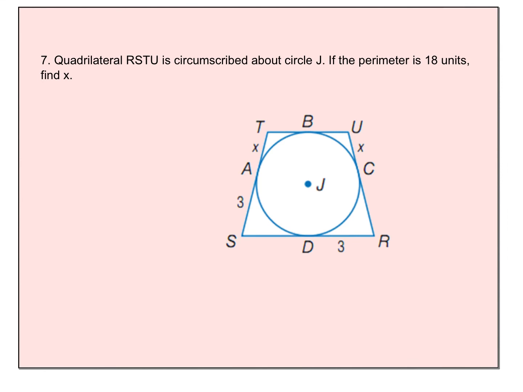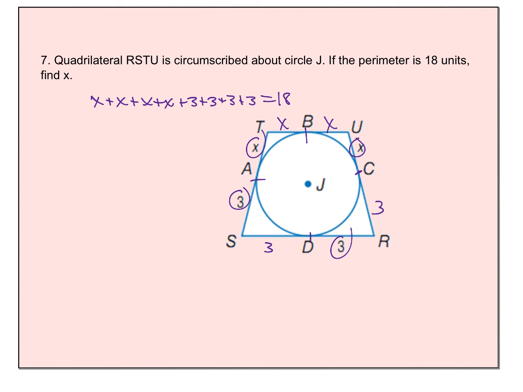Okay, so if it's circumscribed, that means that all of these are tangent because they all touch once. So if this is 3, this is 3, this is 3, this is 3, this is x, this is x, this is x, this is x. The perimeter is going to be 18.